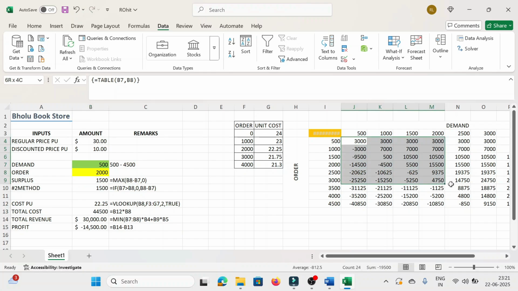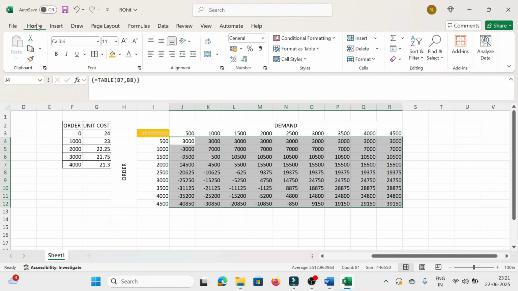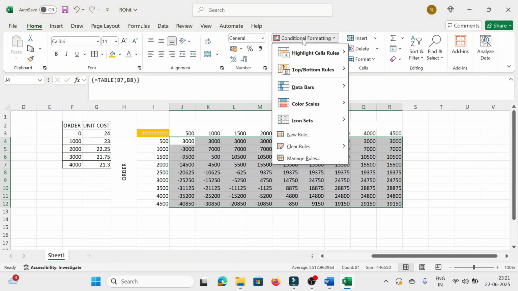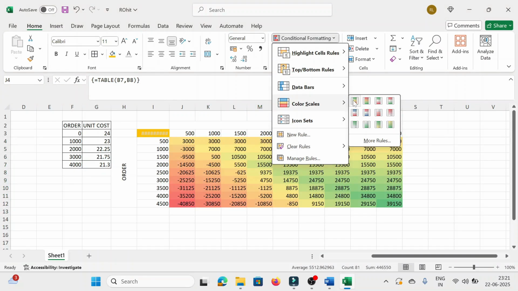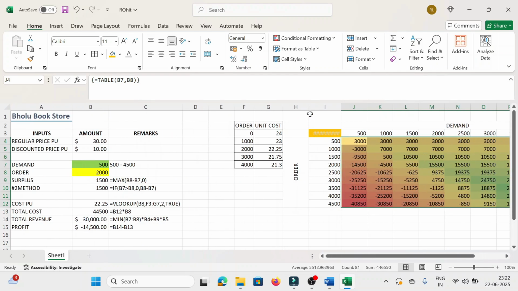Now this way you can just analyze the scenario, and I will also give one more hint. You just try to use conditional formatting and use color scale. So the more green would be the profitable scenario, and the red would be your loss-making units. So this way we can solve the case.